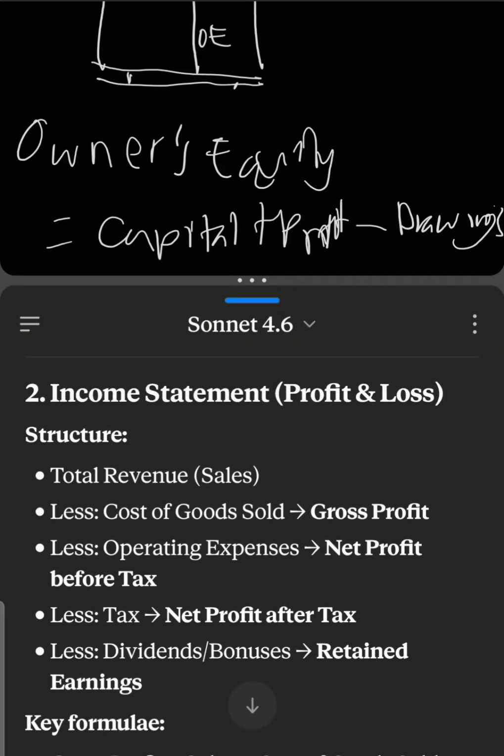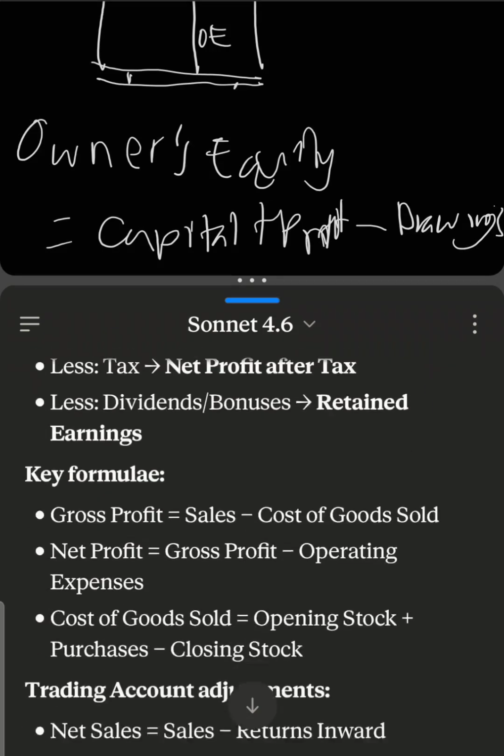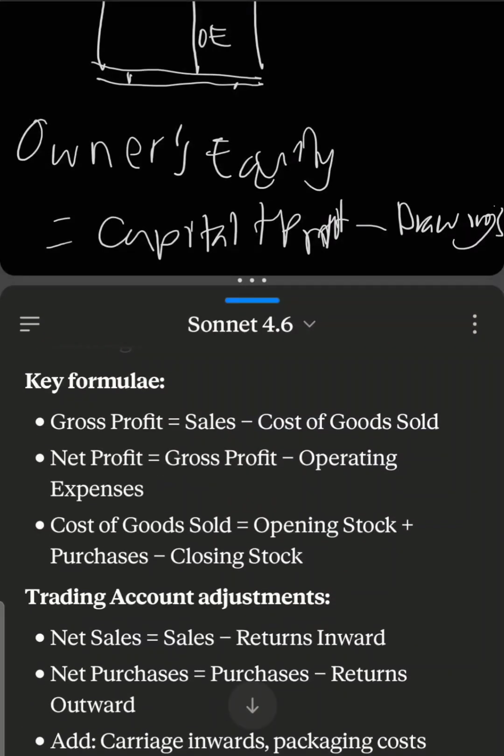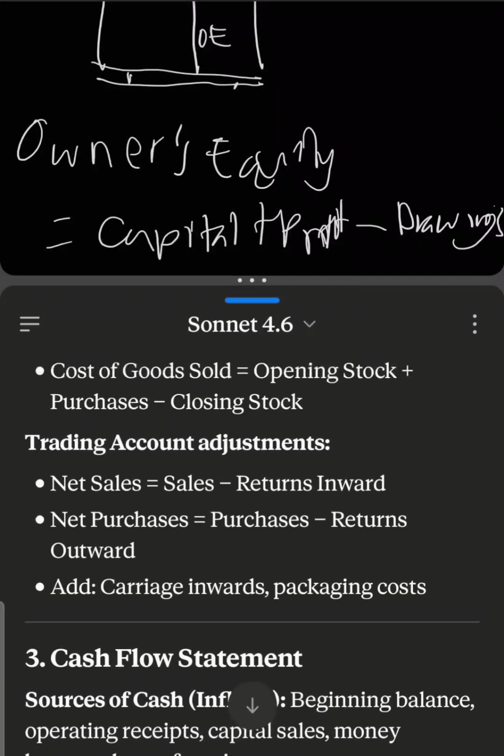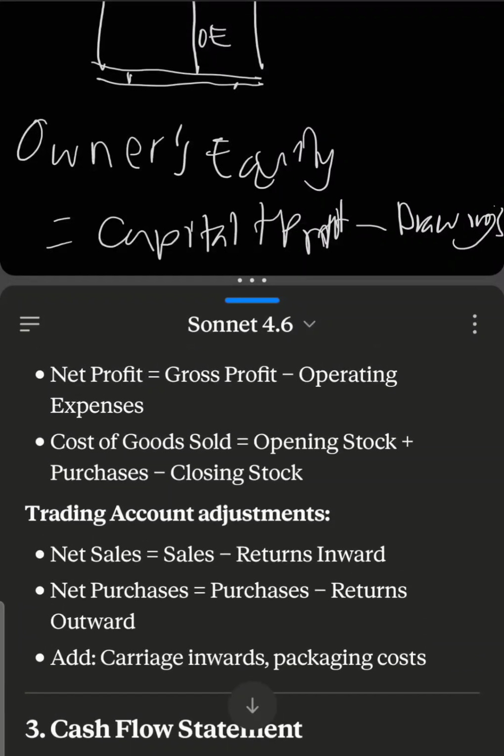So income statement, which is the profit and loss statement. Capital plus profit minus drawing.